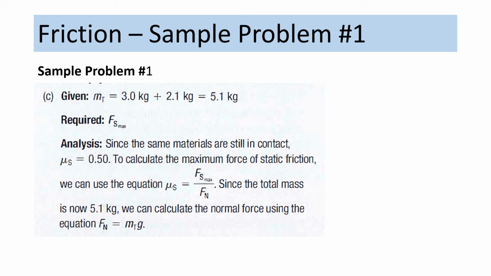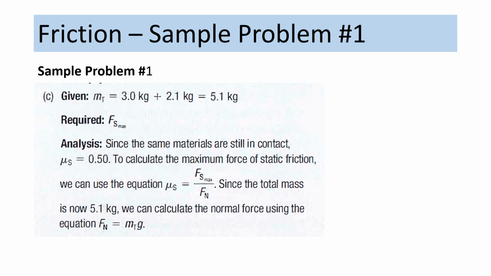Given: mT is 3.0 kilograms plus 2.1 kilograms equals 5.1 kilograms. We are asked to find Fs max. Since the materials are still in contact, μS is 0.50.